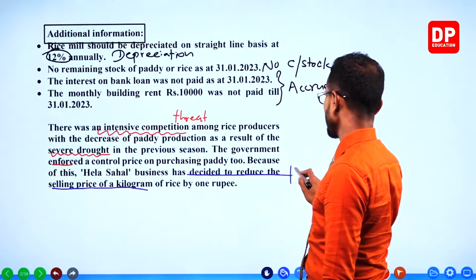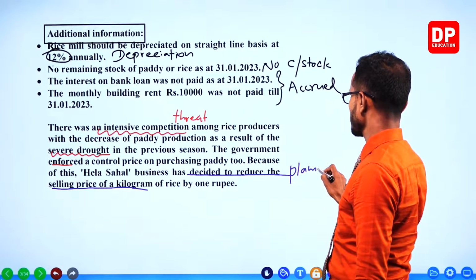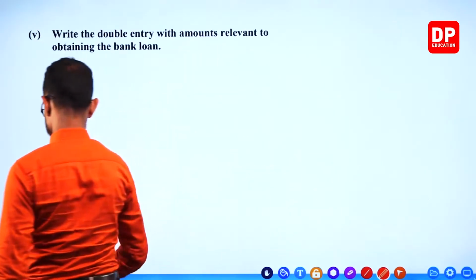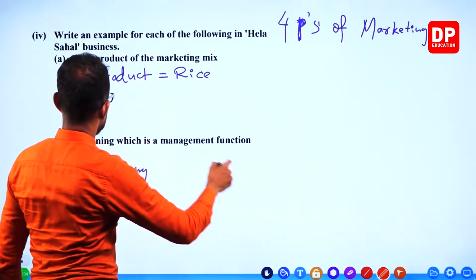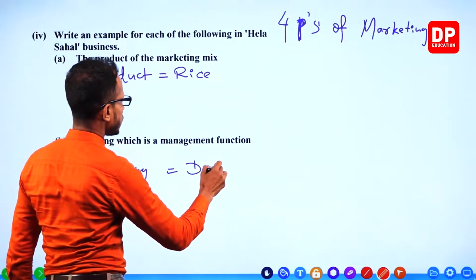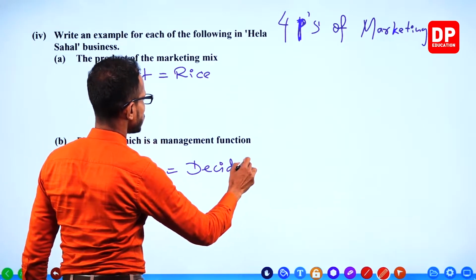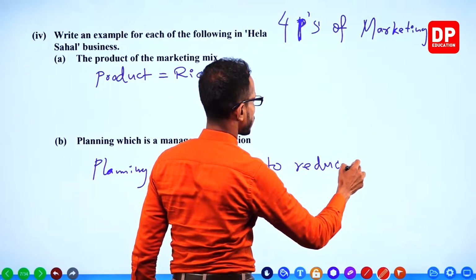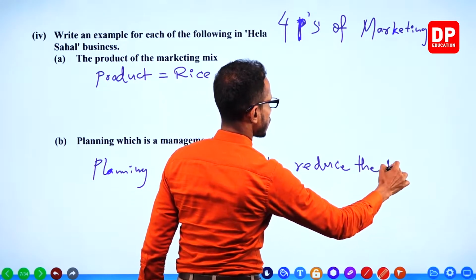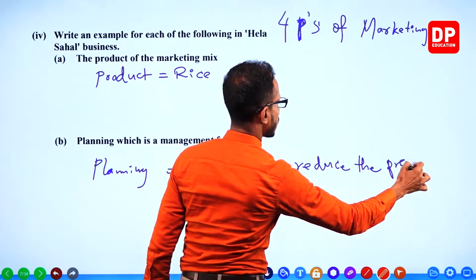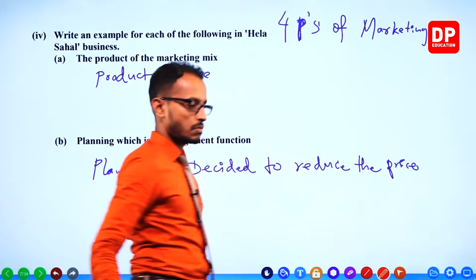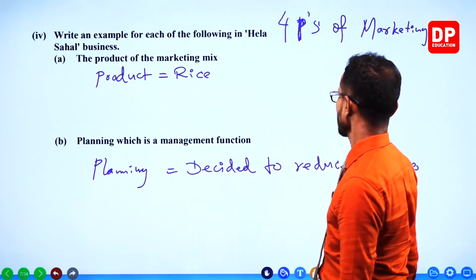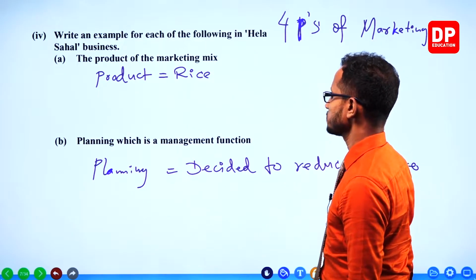See, this is a planning activity. Decided to reduce the price. That is a planning activity.